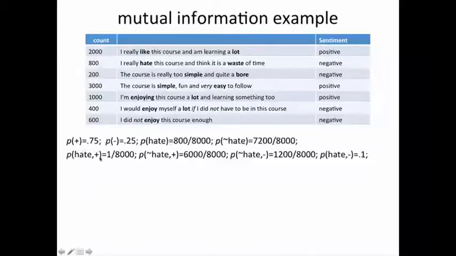In this case, for probability of hate, it doesn't occur in the positive comment, so we have to smooth it by just making the value 1 over 8,000. And similarly, we can compute the probability of not hate in negative comments and the probability of a hate in a negative comment.